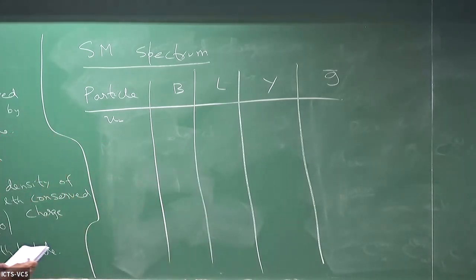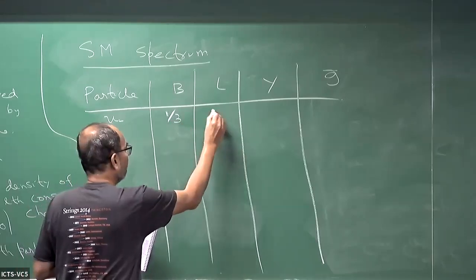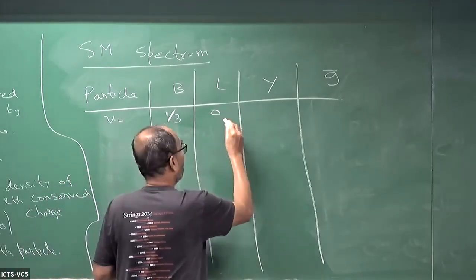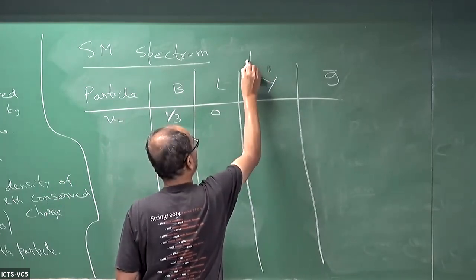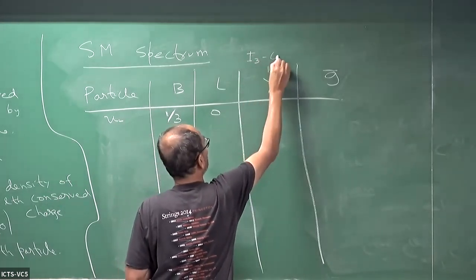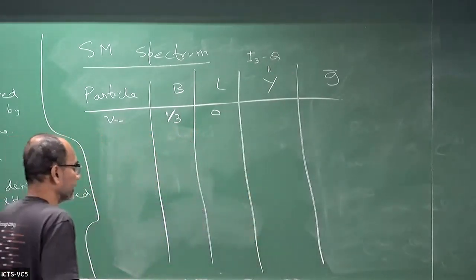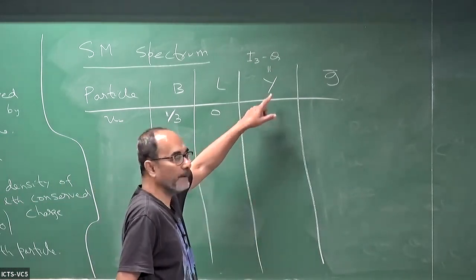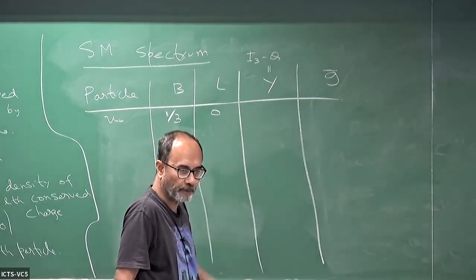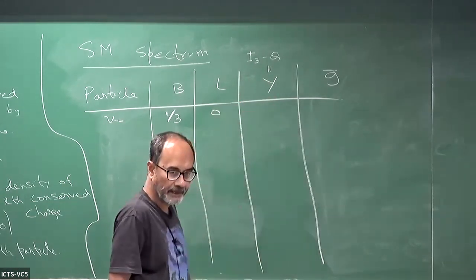So UL, B is 1/3, lepton number is 0. One way to identify Y is that this is I3 minus Q. In fact, originally Q came from Y plus I3. Sometimes one also writes this as Y by 2. That depends on a normalization. I have just chosen the normalization so that I3 minus Q is Y.